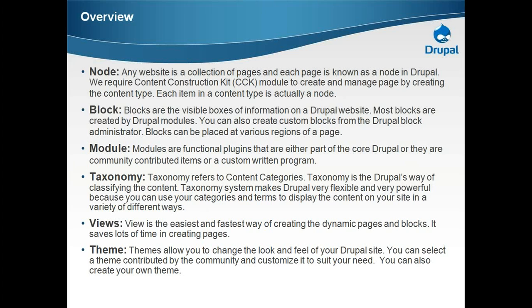The next is taxonomy. Taxonomy is basically used to categorize your whole content. Say you have created some content that you want to define for the news section, and other content for your library or something else. To categorize your content, you can utilize taxonomy, which is very flexible and powerful for defining your whole content architecture. Views.